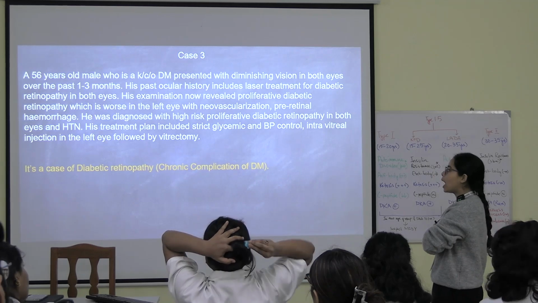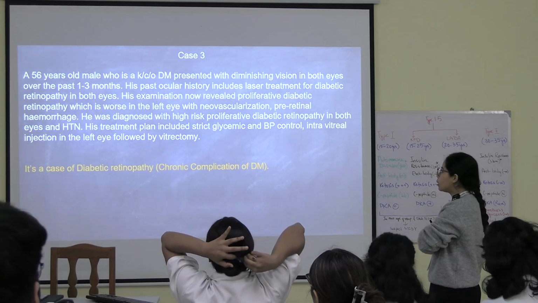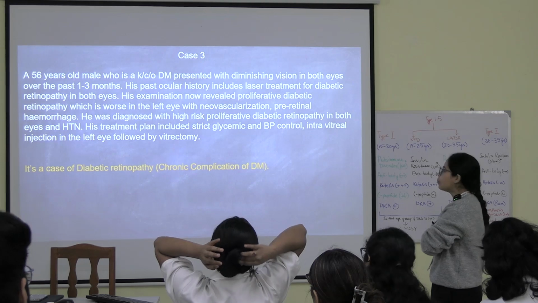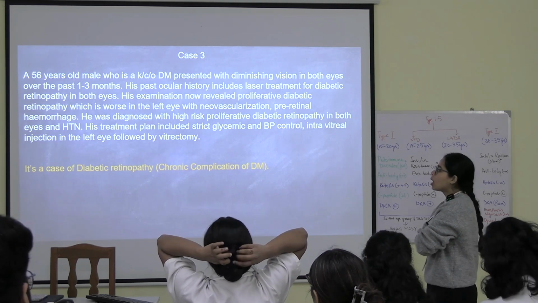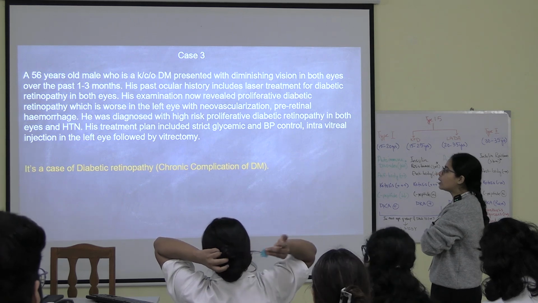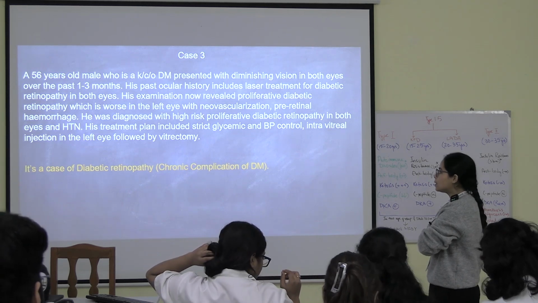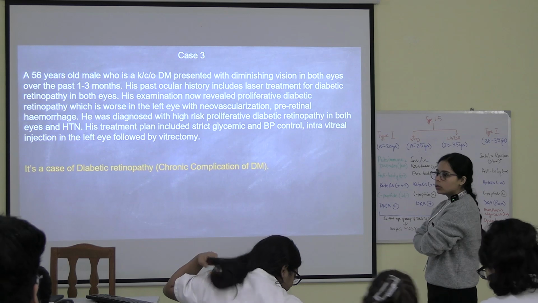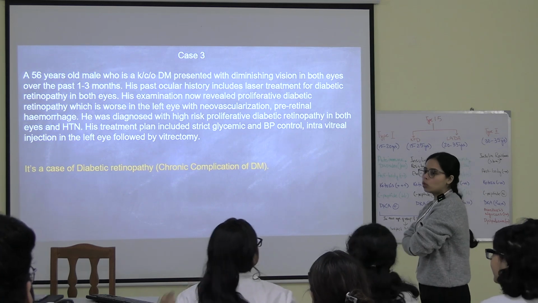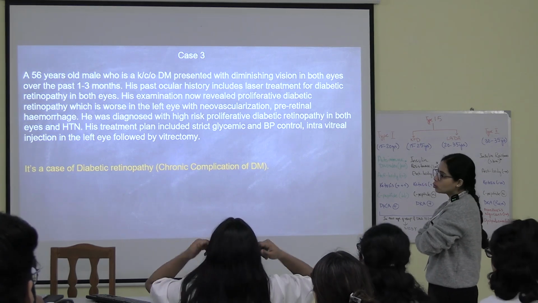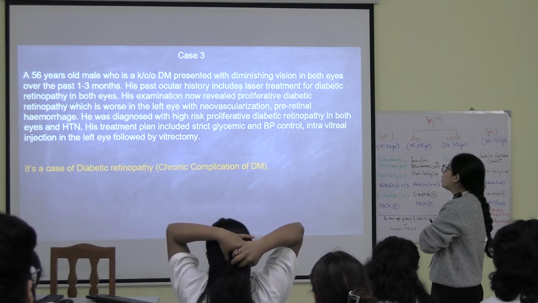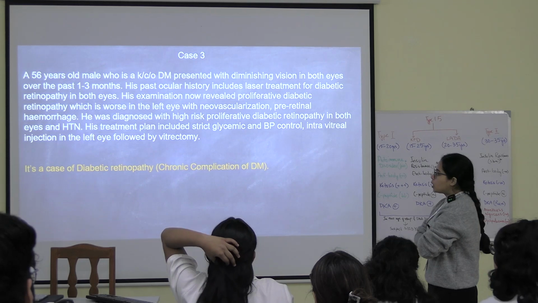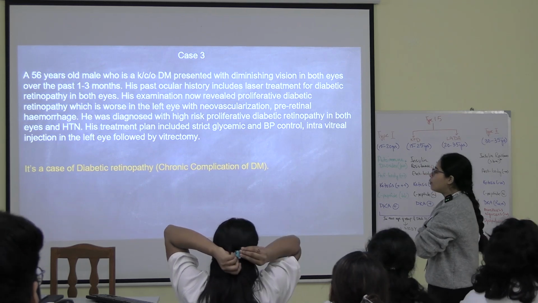His treatment plan included strict glycemic and BP control. Strict glycemic means glucose, that is sugar control, and blood pressure control. Intravitreal injection in left eye followed by vitrectomy.